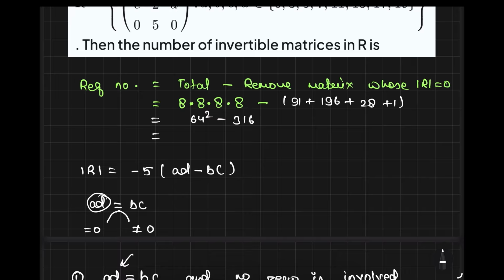Now what you have to do is find the square of this 64 and then get the final result. You know that 64 squared is 4096 minus 316. If you do the subtraction, 3780.